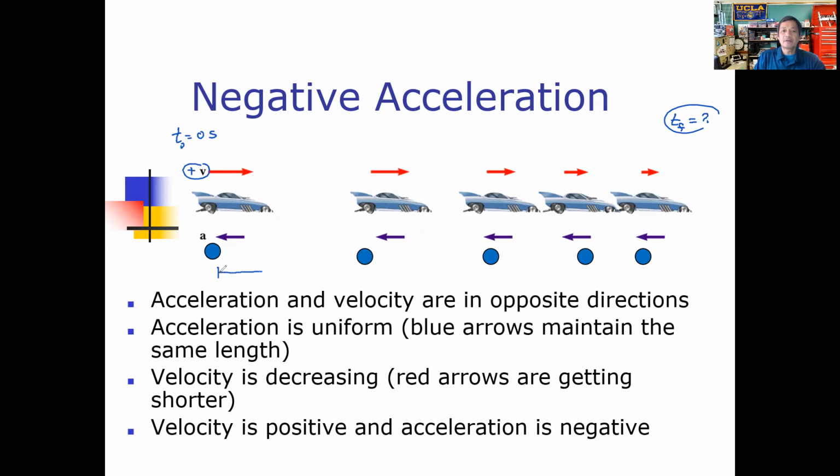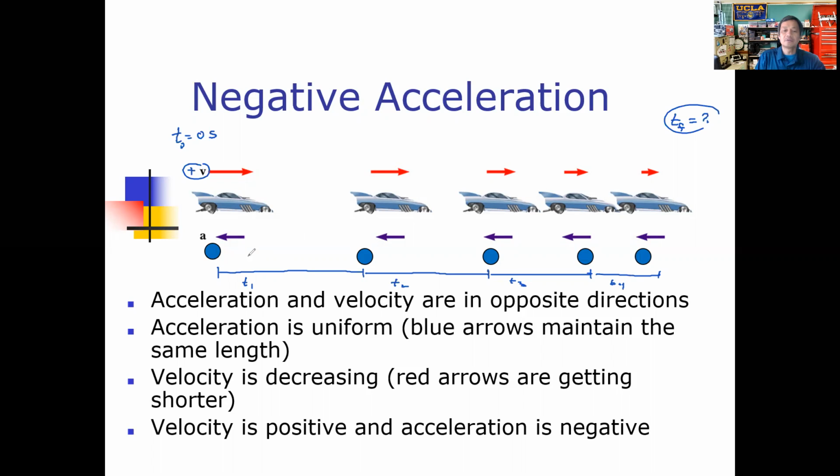Let's look at the particle diagram and analyze it really quickly. Each time interval is going to be the same. So this is going to be time interval 1, time interval 2, time interval 3, time interval 4. All time intervals are equal.